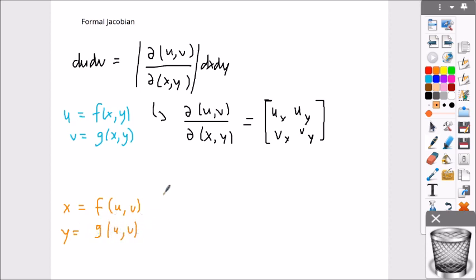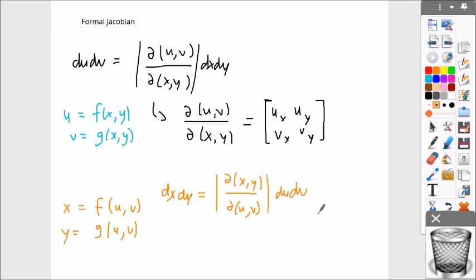We would actually have to say that dx dy is equal to this instead: partial x, y over u, v, du dv.